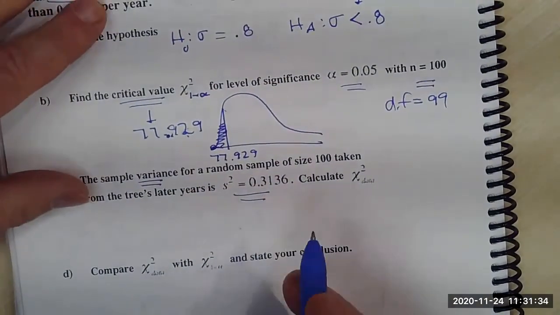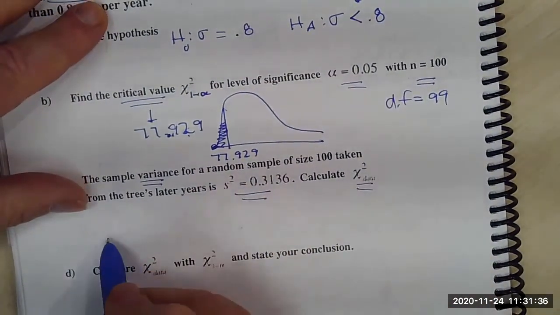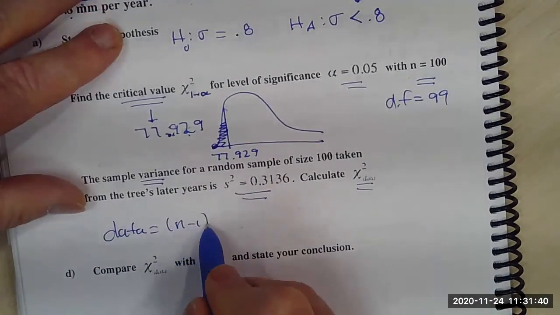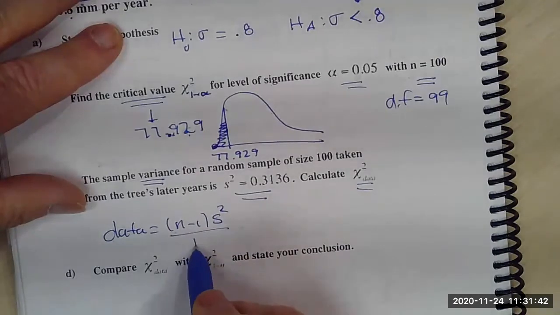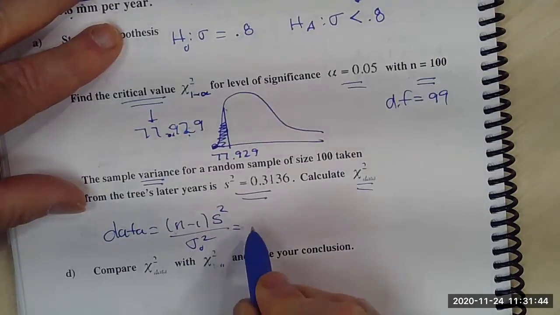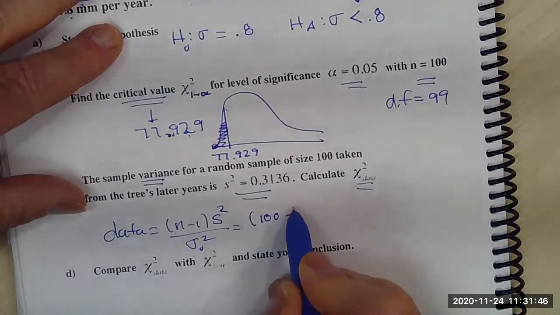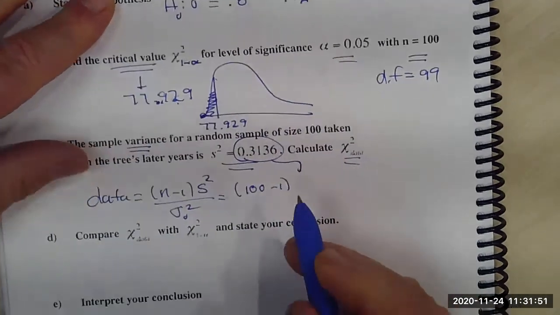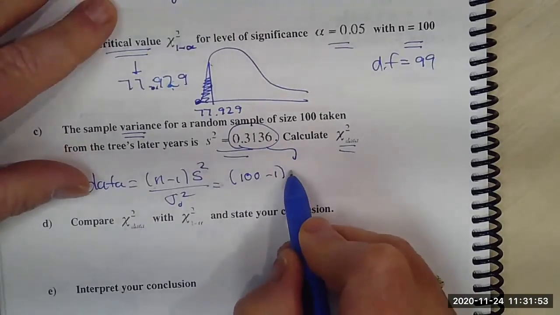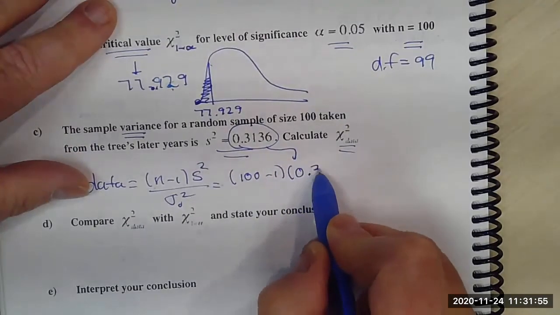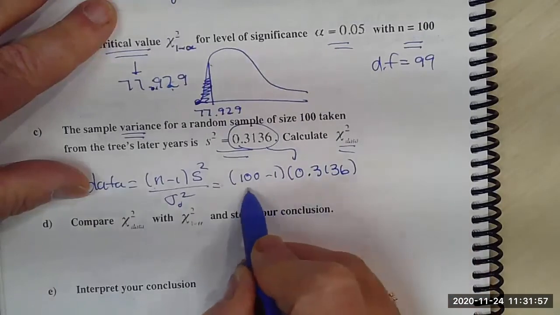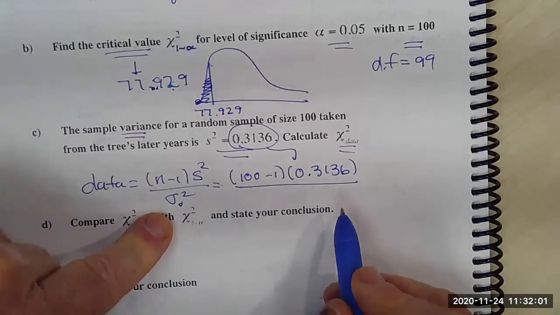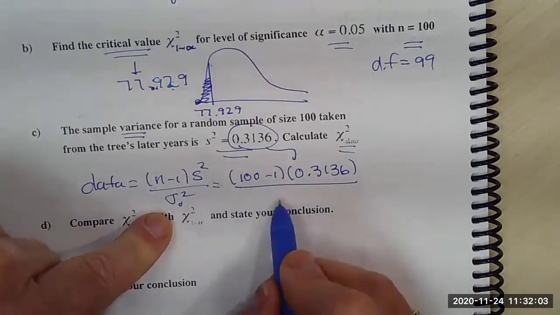So if I'm going to find the data value using the formula n minus 1 over this, then that's 100 subtract 1. This number is what you would put there, no square, because it's already been squared. And all over sigma sub naught, which was 0.8.